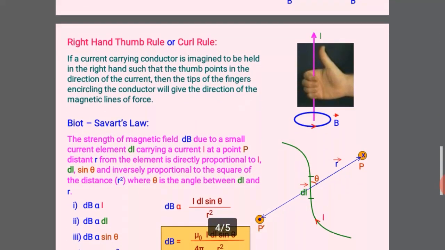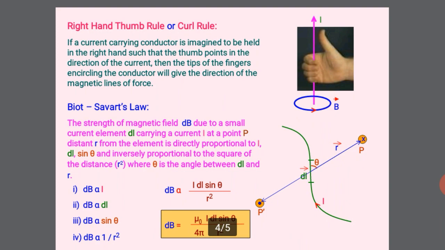Now we have another rule for finding out the direction of the magnetic field, which is known as the right hand thumb rule.